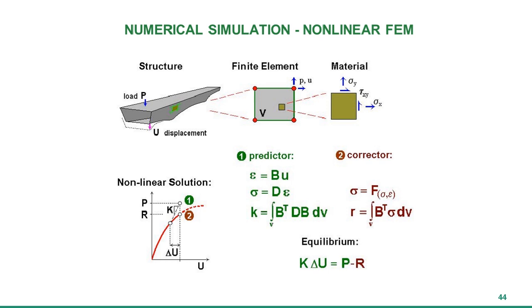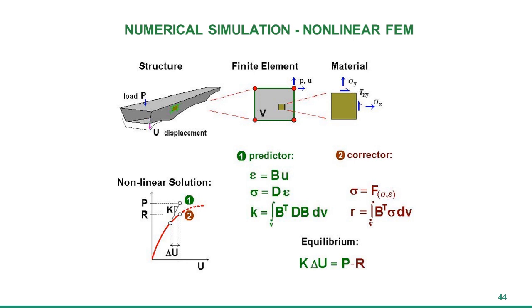We have to load the structure by steps, and each step always involves a predictor phase where we assume linear material behavior. We calculate the stresses at this point 1. And of course, we check the stresses with respect to the material criteria. If these criteria are violated, we have to reduce the stresses. So we basically jump to step 2, to state 2.